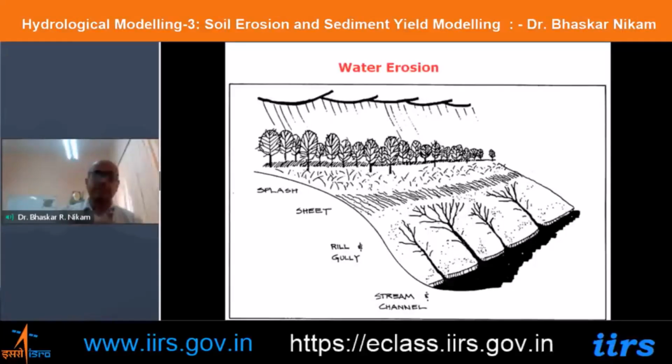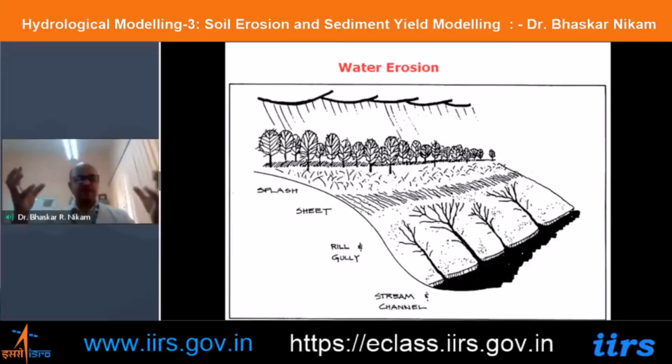It will transfer that energy to the surface, and if the surface is composed of dry soil having detached or loose particles, the energy transferred from the raindrop will increase the energy content of those soil particles, and they will be displaced, detached from their location as a splash, and that is called splash erosion.